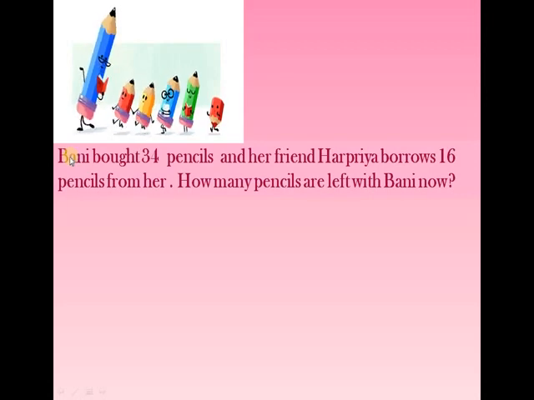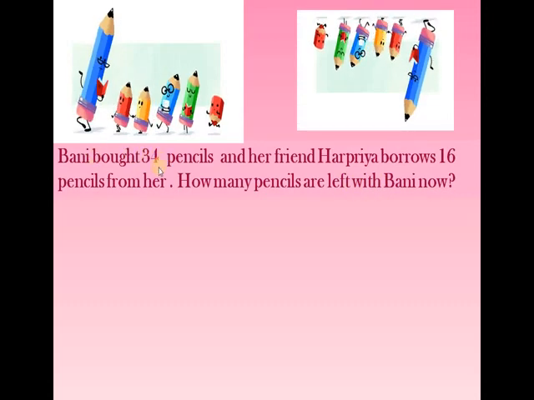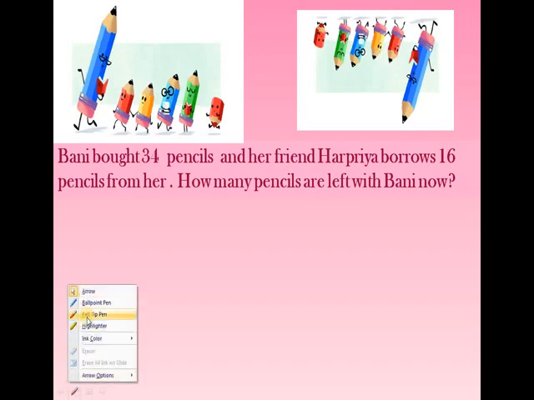Walking pencils. Bunny bought 34 pencils and her friend Harpriya borrows 16 pencils from her. Borrow means she is taking from her. How many pencils are left with Bunny now? Bunny has 34 pencils, so we underline this and underline 16 pencils also.